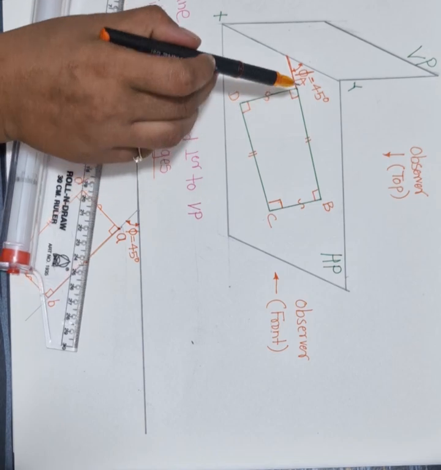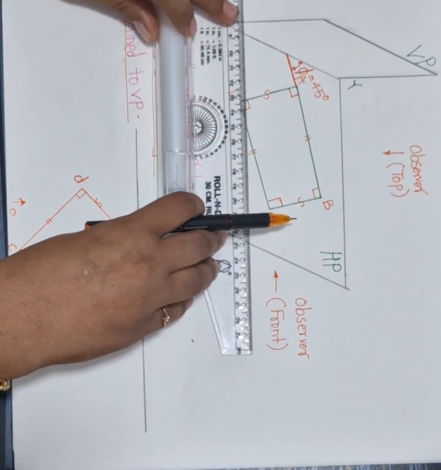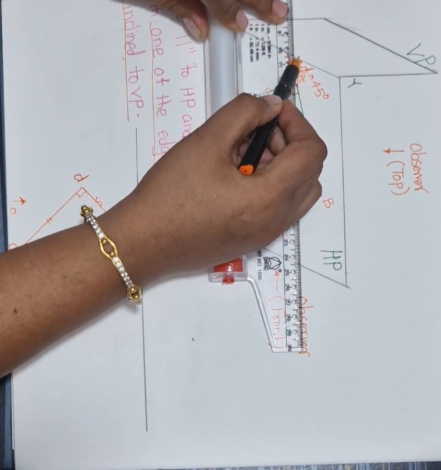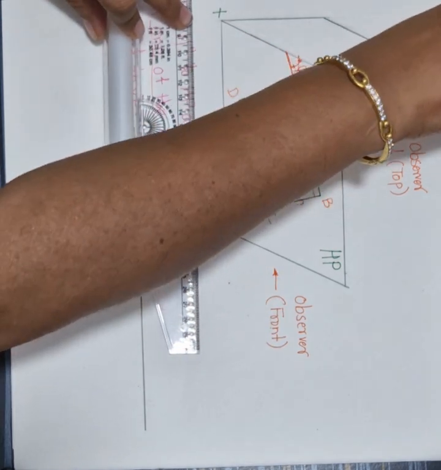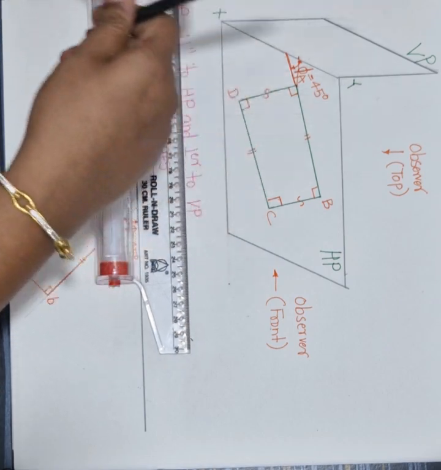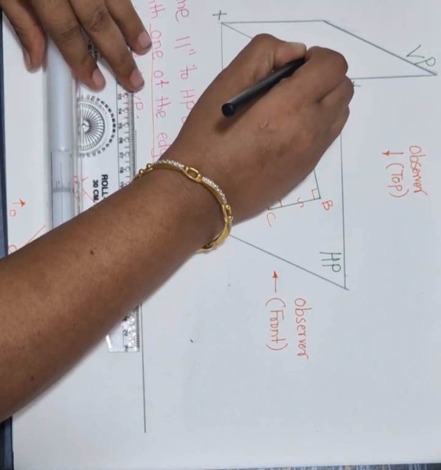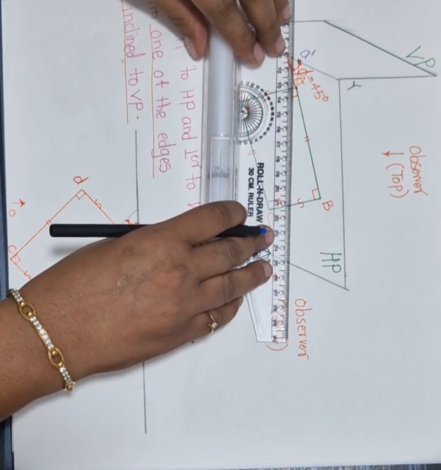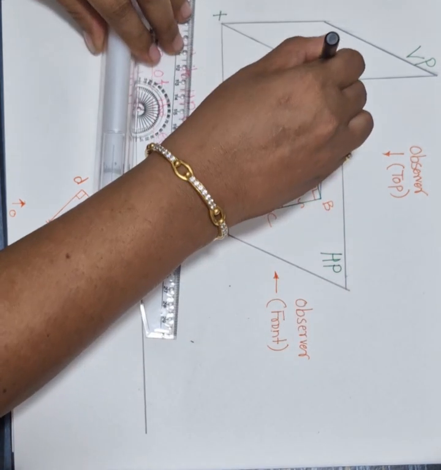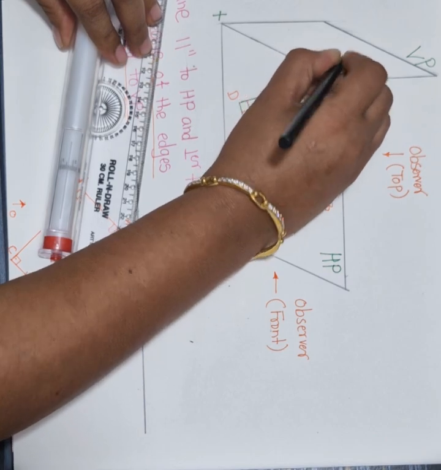Now when we project here, we will project A, this point will be A dash. Here we will project B, so this point will be B dash.